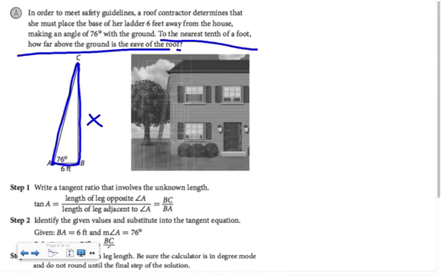So I know that the tangent of angle A is going to be the length opposite angle A over the leg adjacent to angle A. So they have that labeled as BC over BA. And then identify the given values and substitute into the tangent equation.